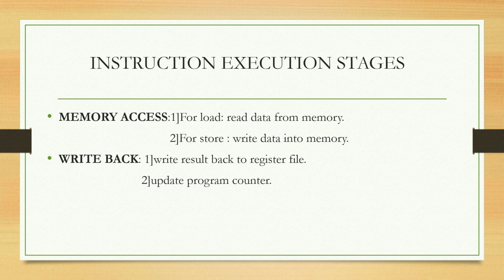Fourth is memory. If there is any data that needs to be accessed, it is done in the memory stage. Fifth one is write back. If we need to store the result in the destination location, it is done during the write back stage.